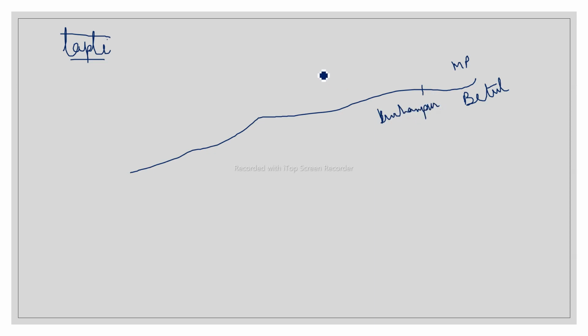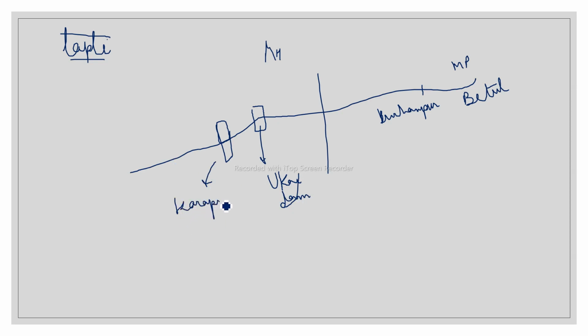Okay, then it is entering into Maharashtra, and there are two dams there. One of the dams is called Ukai Dam, and the other dam is called Kakrapar Dam.